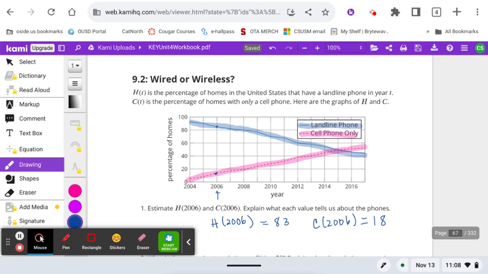And so what this means is, explain what each of these means. 83% of households had a landline in their home. And then 18% of households had cell phone only.